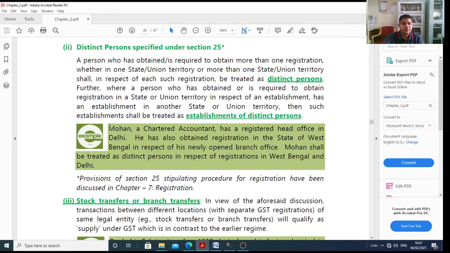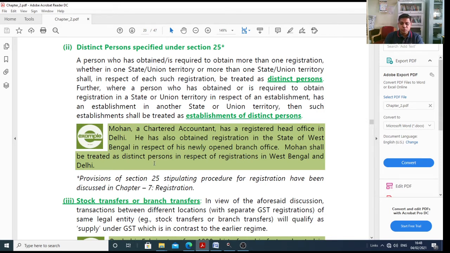For example, Mohan, a chartered accountant, has a registered head office in Delhi, and he has obtained registration in the state of West Bengal in respect of his new branch office. Mohan shall be treated as a distinct person in respect of the registrations in West Bengal and Delhi.